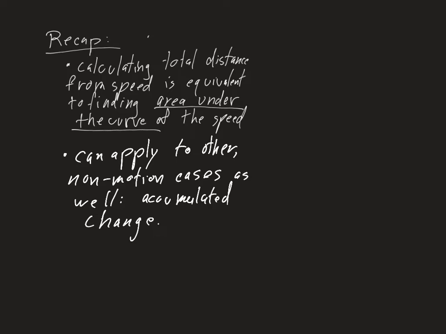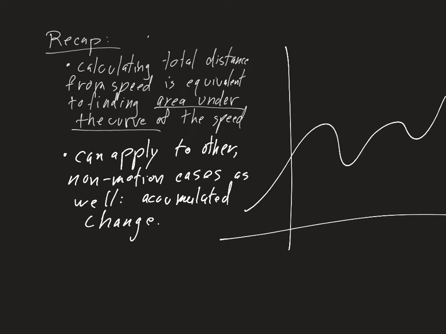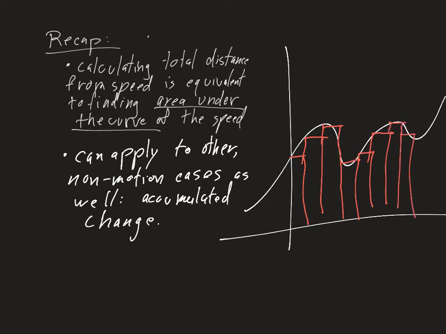And graphically speaking, let's just draw a graph with some arbitrary curve here. The idea is always going to be that we're going to approximate the area underneath this curve by sampling the curve at some finite number of points and adding up the areas of all of these rectangles that I am drawing here.